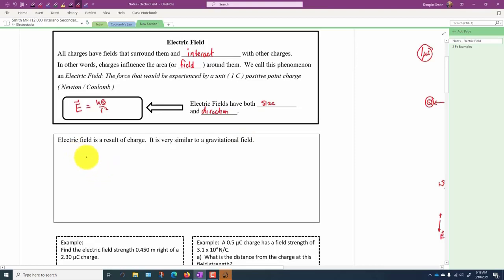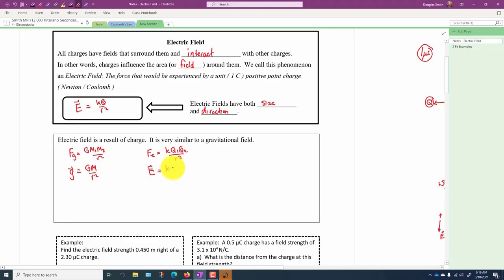So there's a lot of similarities between electric fields and gravitational fields. Gravitational fields give gravitational forces, and electric fields give electric forces. We have something called the gravitational field strength. g was equal to G m over R squared, and this always had direction too, actually.